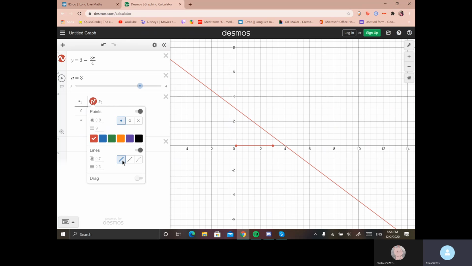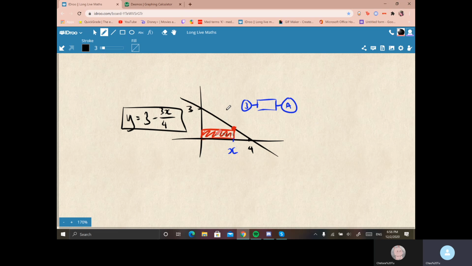So what's the height of the diagonal line, Chelsea? Oh, all right, jump back to iDraw. What are the coordinates at this point? Because we need to join this point up to the line, but we need to know the coordinates of this point.